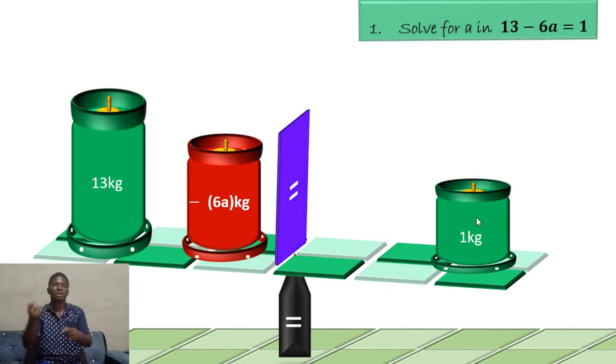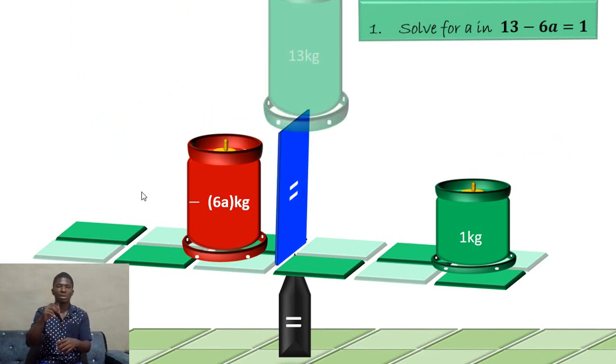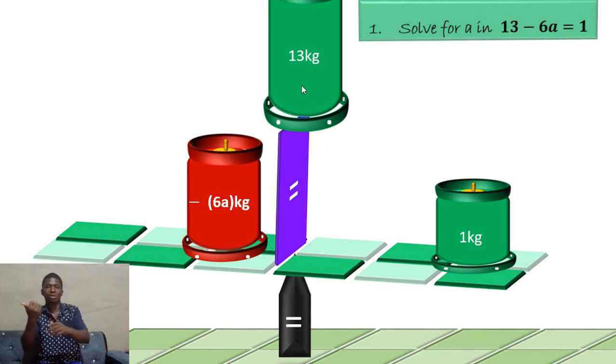But this is an equation, not an expression like we did the other time. So how does it work? Now I want 13 kg to come here and meet 1 kg. So I'm picking my 13 kg, it is flying right now, coming to this side of the equation. But the moment it gets here, something must happen. Now it's crossing this bridge, this equality bridge, equal to.